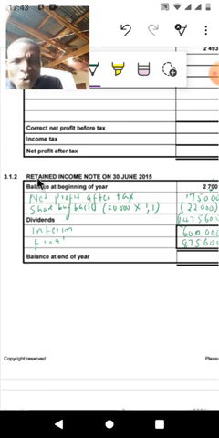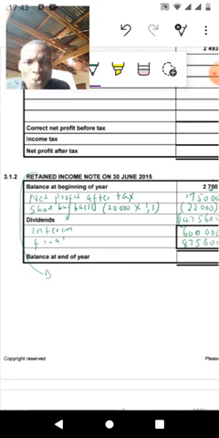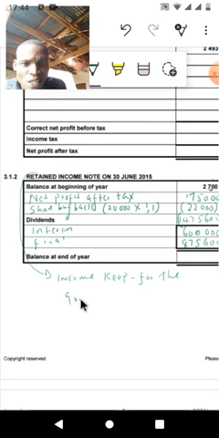When we talk about retained income, what are we talking about? A retained income is the income we keep for the growth of the business.